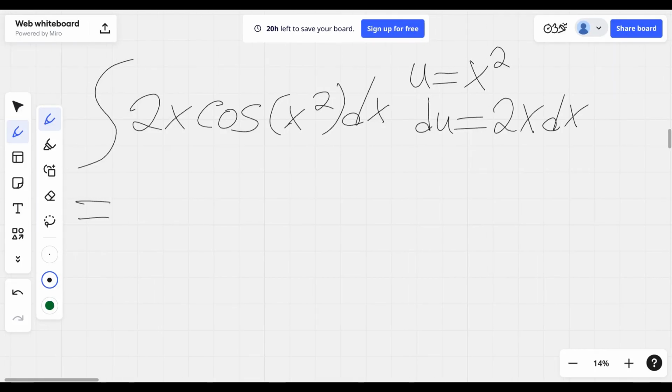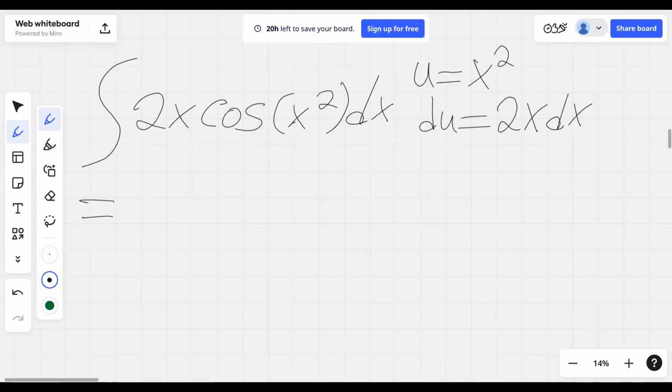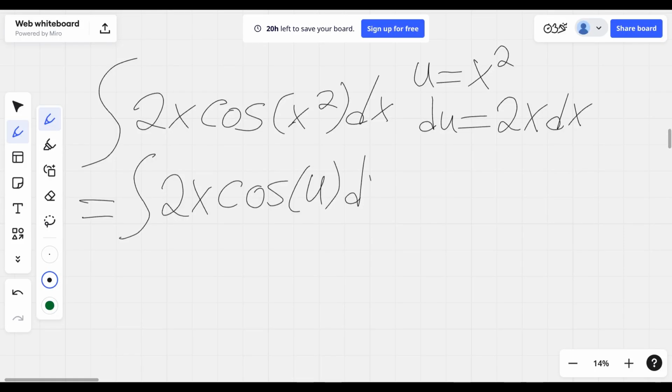So now that we've taken the derivative, we're going to plug in our U in this integral. So anywhere we see x squared, instead of writing x squared, we're going to write U. So here the integral is now going to become the integral of 2x cosine of U dx.